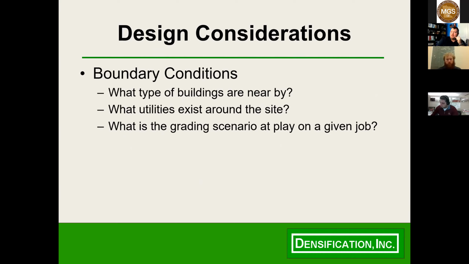Boundary conditions, right? As a specialty contractor, I get a lot of phone calls from geotechnical engineers saying, hey, can you take a look at this site? What do you think? And what I always say is I need a geotech report or borings, and I need an address to look it up in Google Earth, right? And Google Earth is going to tell me, do I have nothing for a mile? Am I in the middle of a neighborhood where there's 50 houses within 75 feet, where basically everyone's going to get sued because you're going to be rattling china off the walls?